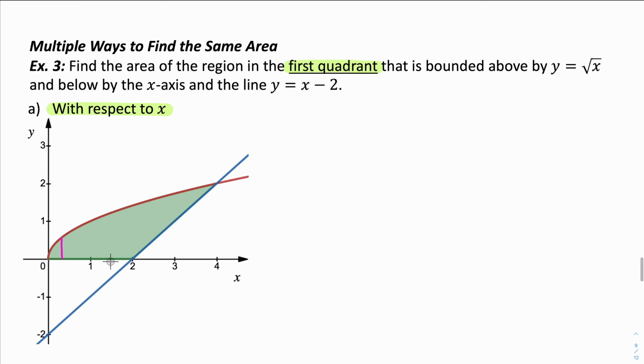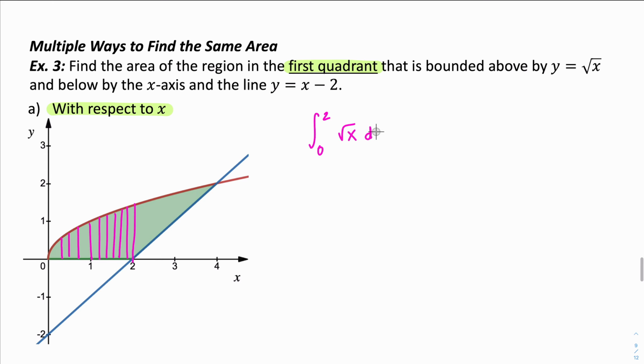And if you recall, that's just finding the area between the curve and the x-axis. That's just a normal integral. So we use just a normal integral of the square root until when? When is it that we start having to deal with the second function? Well, that's up until we get to here at x equals 2. So we really have an integral from 0 to 2 of just the square root of x.